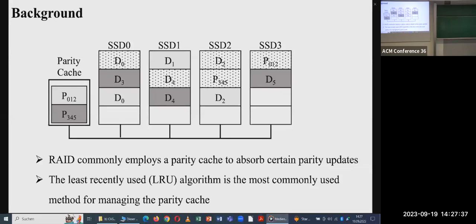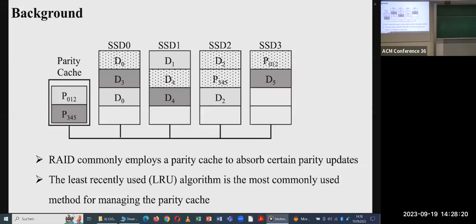To better boost the performance of RAID systems, a parity cache is commonly employed to absorb parity updates in SSD-based RAID systems, to avoid flushing the parity chunk to the NAND flash array. When a data chunk is updated, the parity chunk in the same stripe will be recalculated and temporarily stored in the parity cache, such as the cache holding parity chunks P0012 and P345.